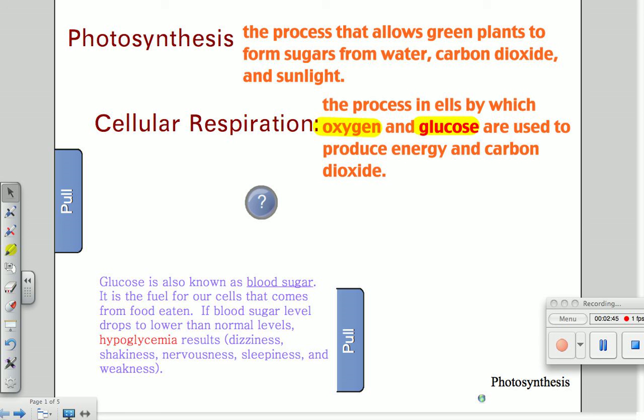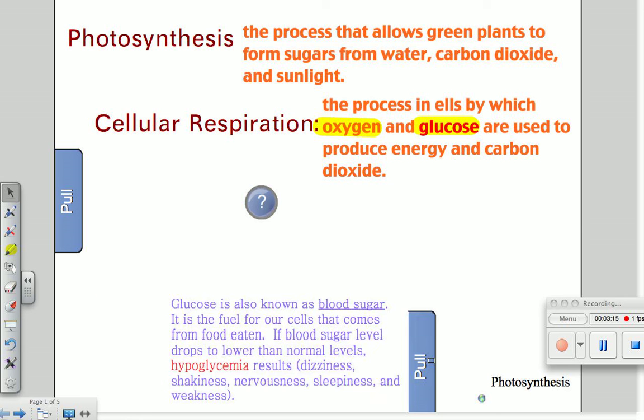If blood sugar drops really, really low, meaning our bodies just are unable to produce enough glucose in order to make energy, this is called a disorder which is called hypoglycemia. And when someone is hypoglycemic, they may feel dizzy, very shaky, maybe very tired, weak, and maybe nervous. And this is a disorder that many people have when they have low blood sugar. So that's hypoglycemia.